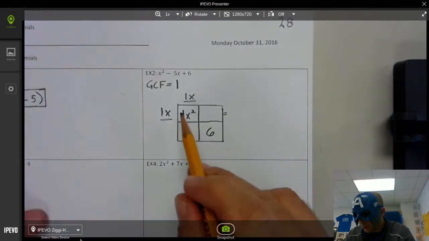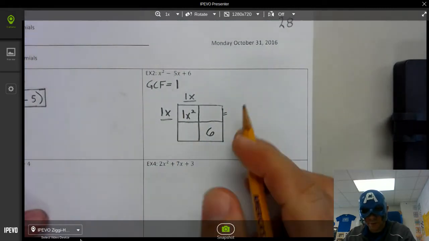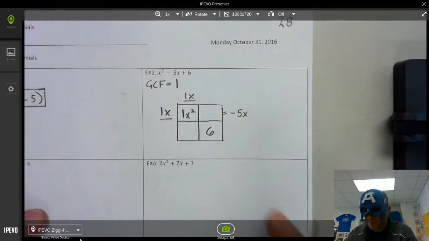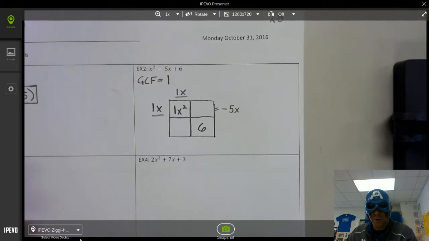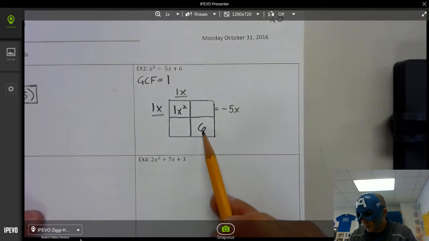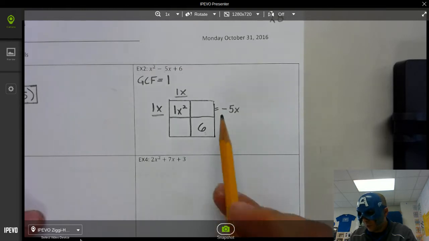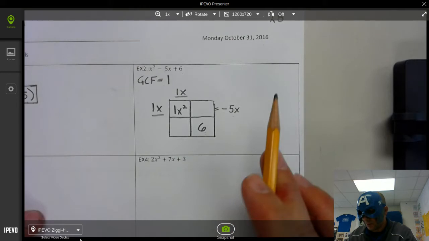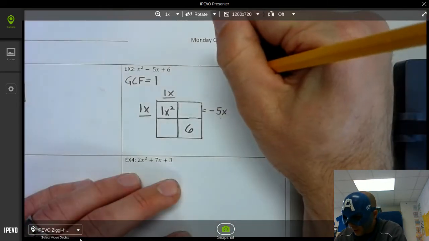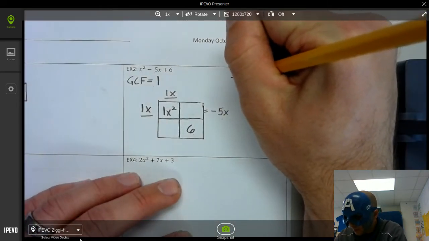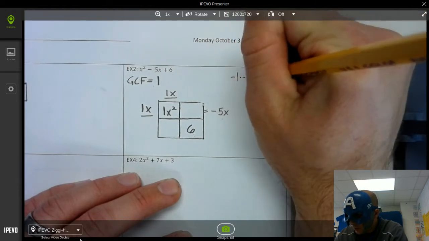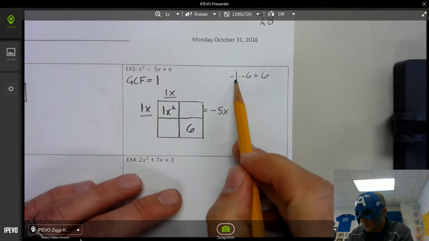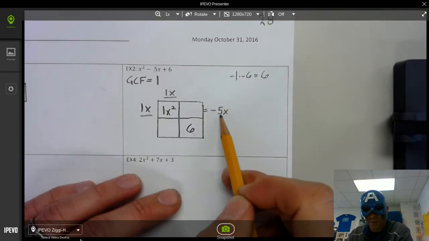Now we need to find what multiplies to give you 6, but combines to be negative 5x. First, let's find all the combinations that give you 6. Both have to be negative, because a negative times a negative is a positive and the middle term is negative. Negative 1 times negative 6 equals positive 6, but does negative 1 combined with negative 6 give you negative 5?